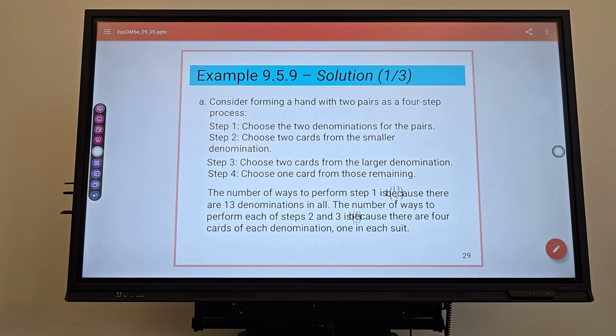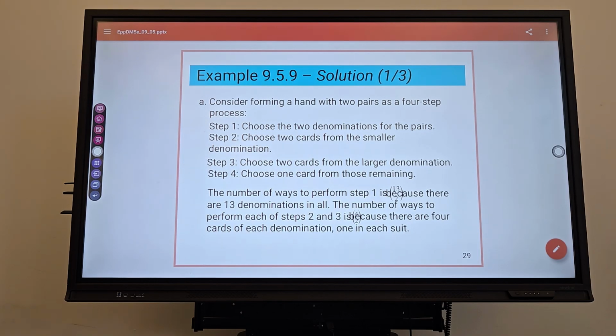Now consider forming a hand with 2 pairs as a 4-step process. First, choose the 2 denominations for the pairs. Then choose 2 cards from the smaller denomination. Choose 2 cards from the larger denomination. And then choose 1 card from those remaining. The number of ways to perform step 1 is 13 choose 2, because there are 13 denominations in all.